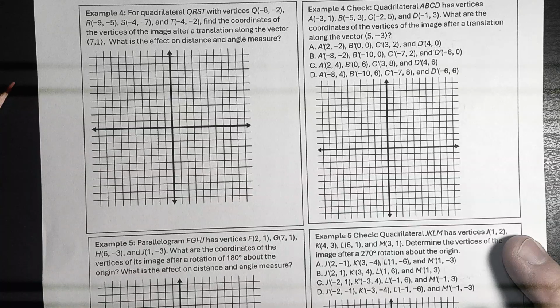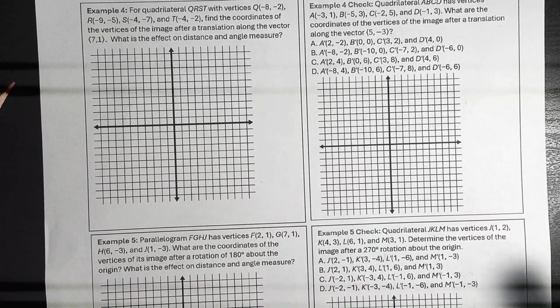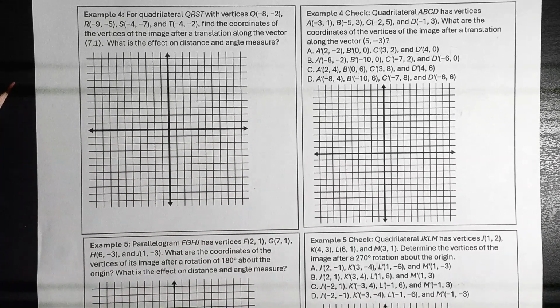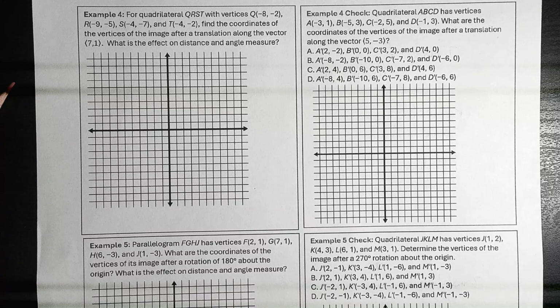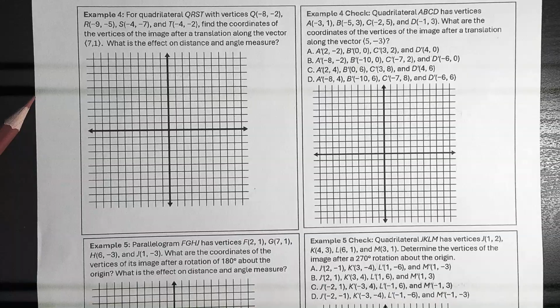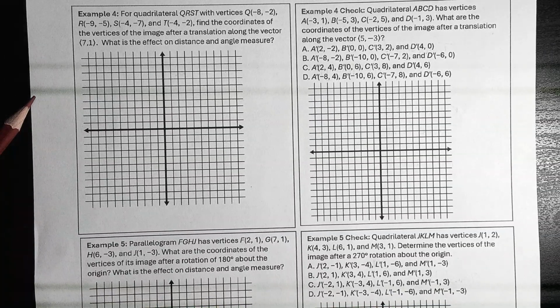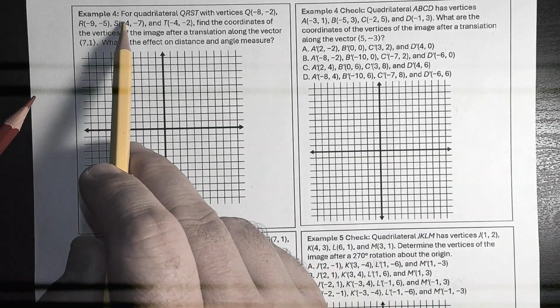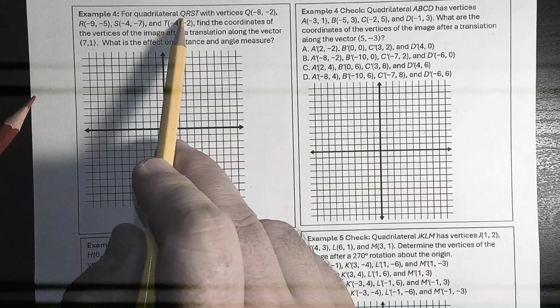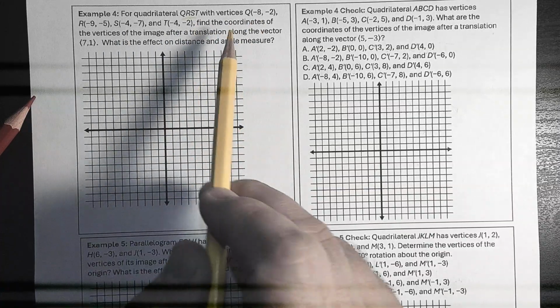Okay. All right, so back to the page here. Well, first let me just point out what we're doing. Example 4: for quadrilateral QRST, it gives us the coordinates.